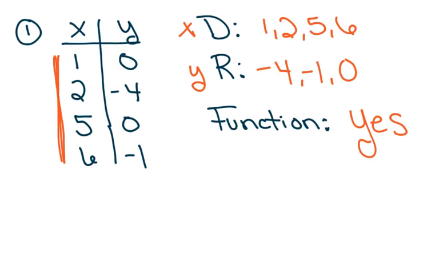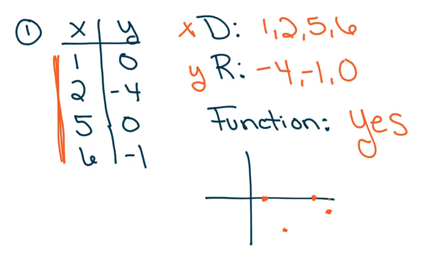Another way to think about it, because I know a lot of students are visual, if I were to take those points and put them on a graph, your graph doesn't have to be anything fancy. Let's plot those. We would be at 1, 0. We would be at 2, -4. We'd be at 5, 0. And then we'd be at 6, -1.